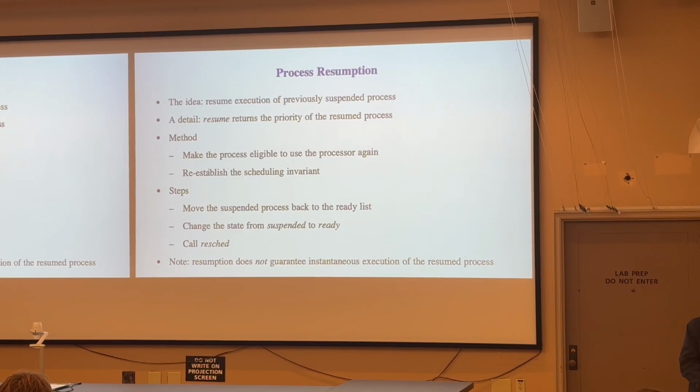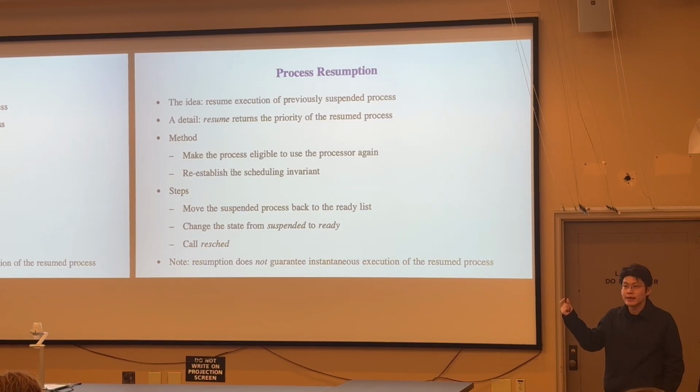So what does this mean? Why do we need to reestablish the scheduling environment? The scheduling environment, just to remind everyone, says that at any moment during the execution, the process that has highest priority should be running on the CPU.